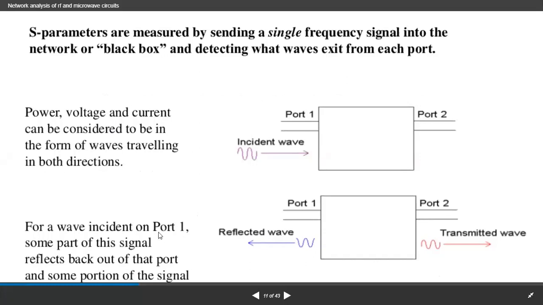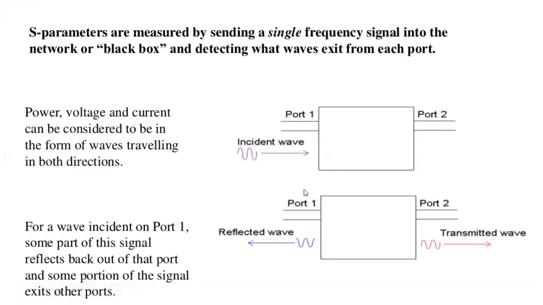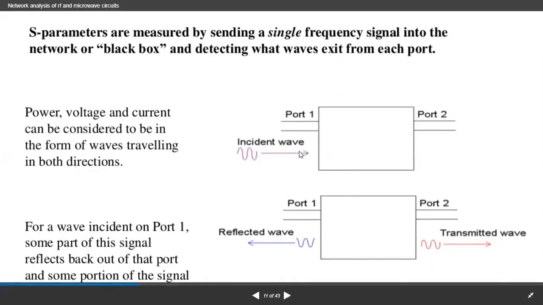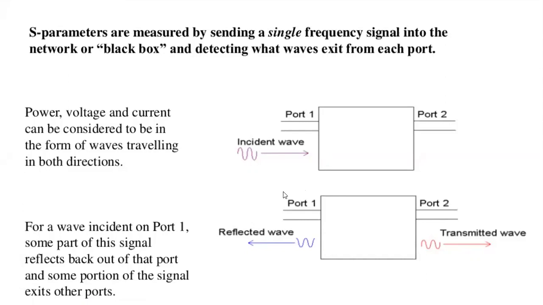When an incident wave is given to port 1, some part of the signal will be reflected out of the port and some portion of the signal will be transmitted from the other port. So when you give input to one port, the transmitted wave is coming from another port and the reflected wave is coming from the same port. This is usual in all cases of networks. Some part of the input will be reflected due to some mismatch and some part of the incident wave will be transmitted.